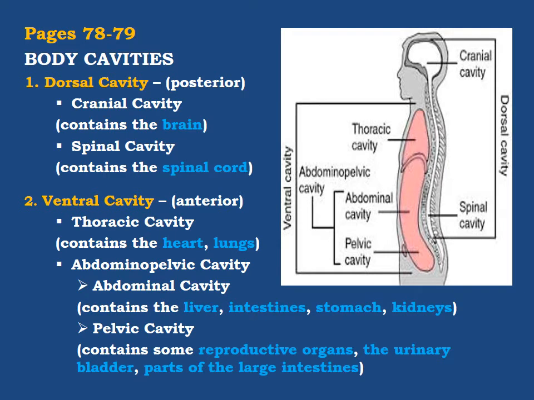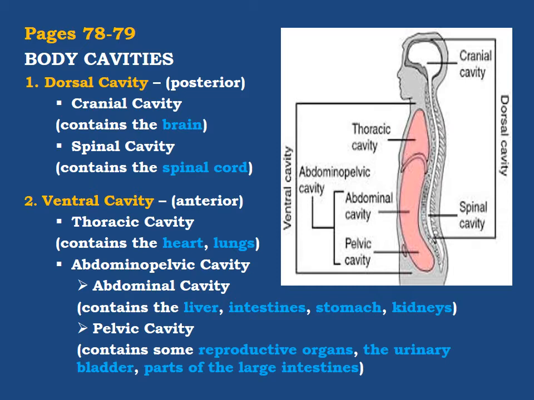Now, let's look at the parts or the organs that could be found in each of these cavities. We said that the dorsal cavity, which is the posterior, contains 2 major cavities, cranial cavity and spinal or vertebral cavity.